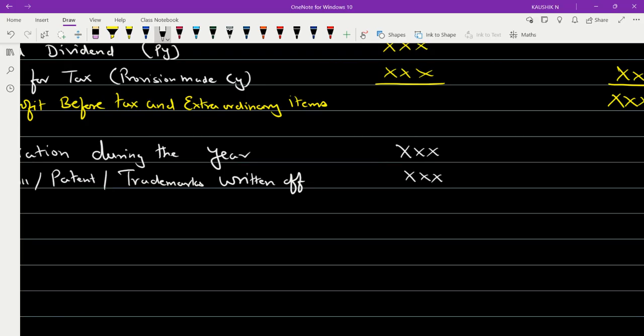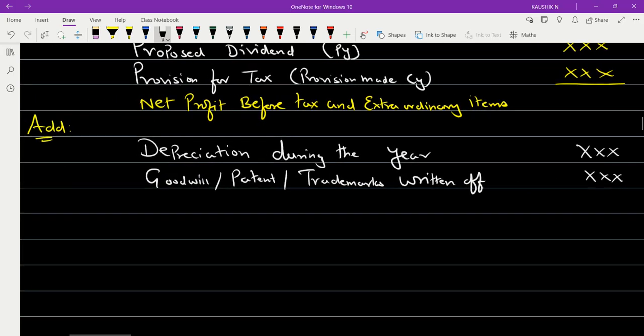Now you may ask, sir, how will I get the value of this depreciation? The value of this depreciation, you'll get by preparing the fixed asset account. If there is no accumulated depreciation, then only the fixed asset account will be prepared. From that, you will get the value of depreciation.